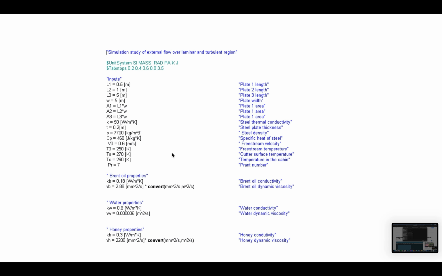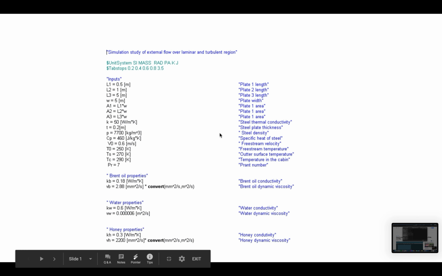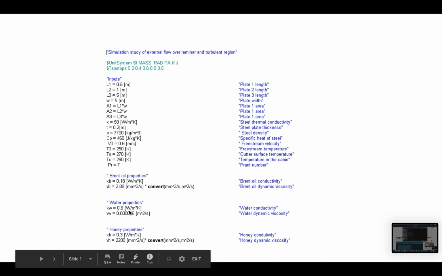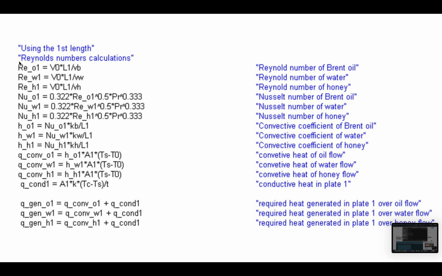So as you can see, right here we have some very nice properties for the plate and for the different flows, oil, water, and honey. So this one is a computation over the first plate length, which is 0.1 meter.